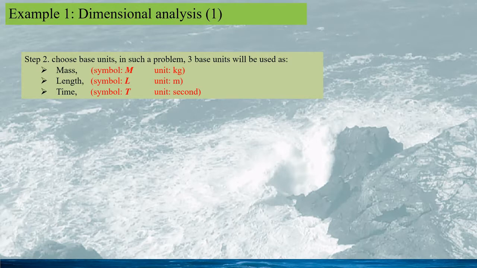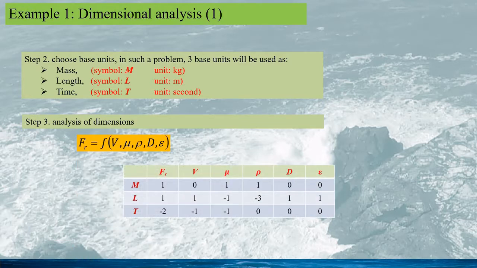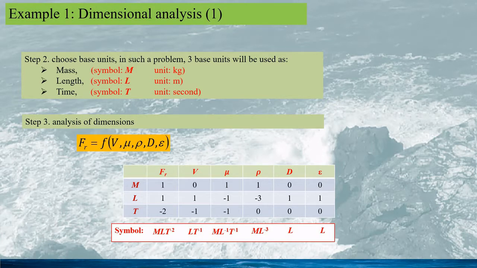They are mass, symbol m, unit kg; length, symbol L, unit meter; and time, symbol T, unit second. In the third step, the dimensions of all 6 variables are analyzed as in the table. It can be seen that all the variables can be expressed using the 3 base units, and the corresponding symbols for the variables are given like this.